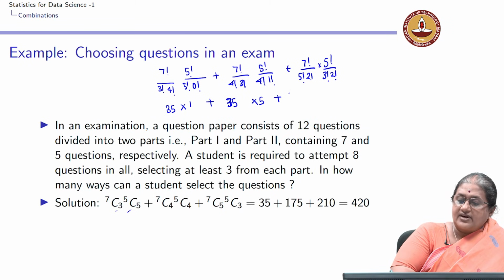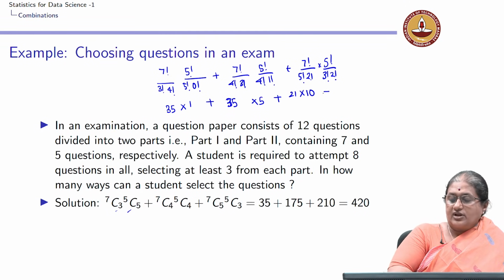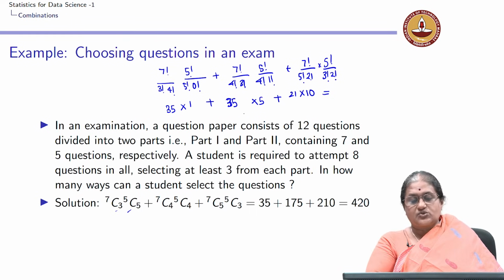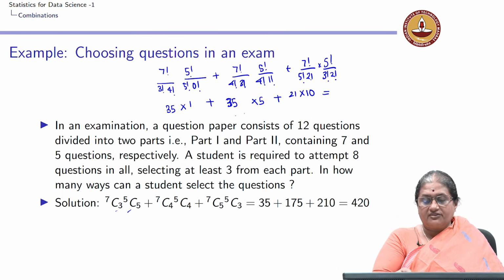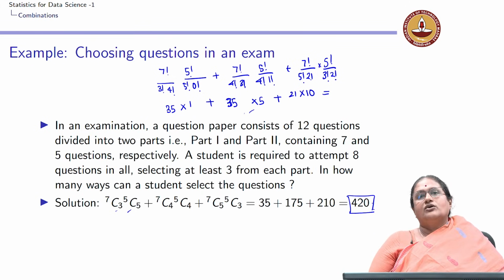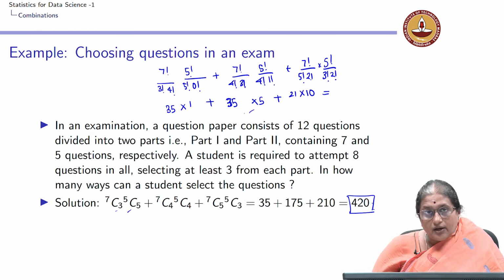Here I have 7 into 3, which is 21, into 5 factorial by 3 factorial into 2 factorial, which is 10. So, this in total gives me 210. I get 35 plus 175 plus 210, which gives me a total answer of 420.